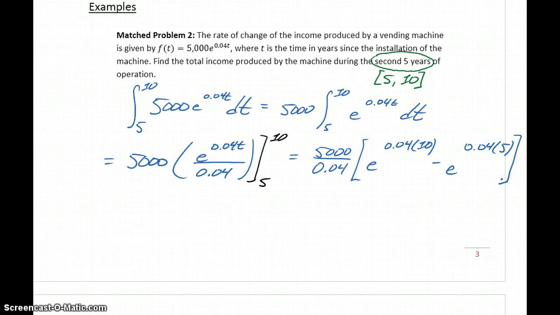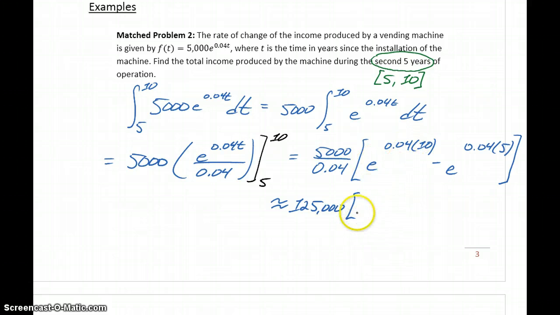And then you'll come up with slightly different results here, just depending on how you plug this into your calculator. If you do all of this in one step, or if you come up with some estimates along the way, your value can change slightly. So I'll show you the numbers that I came up with as intermediate steps. 5,000 divided by 0.04 is 125,000.